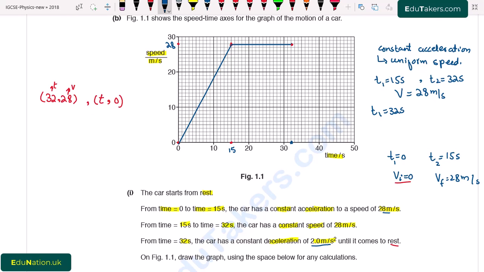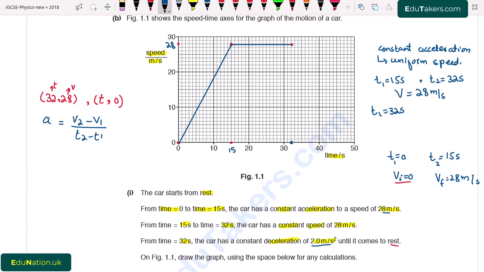So when we find out the slope of the graph, because it's a speed time graph and the slope of speed time graph gives us acceleration, because we already defined that acceleration is the rate of change of velocity of the body. So I write here slope, that is acceleration. In this case it will be equal to v2 minus v1 over t2 minus t1.